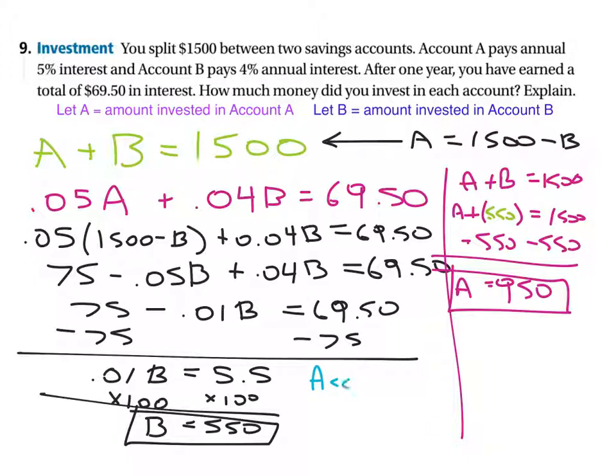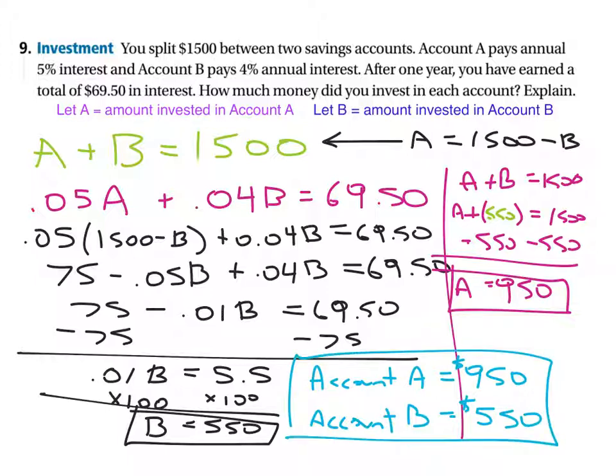Account A equals $950. Account B equals $550. And that would be your answer, because that's the question they were asking. So that's number 9.